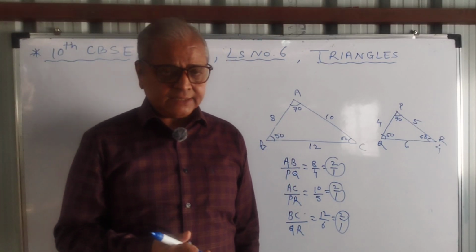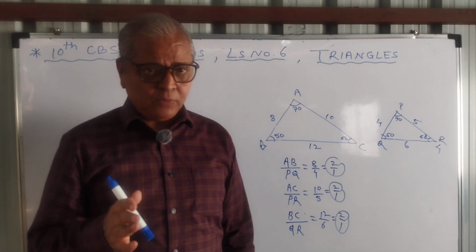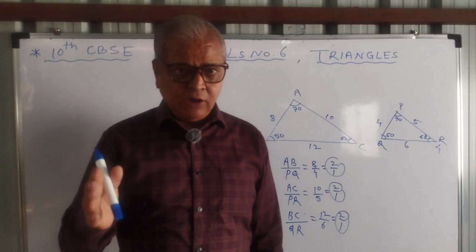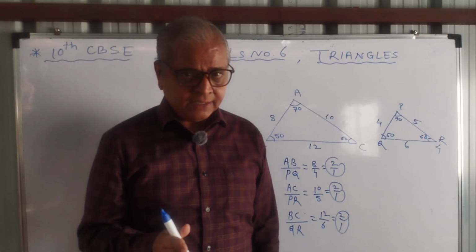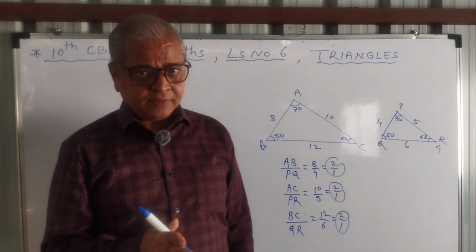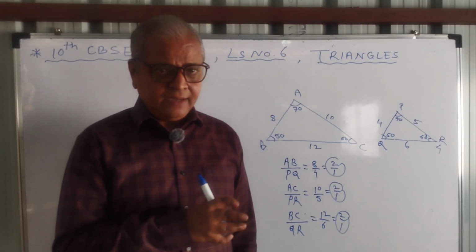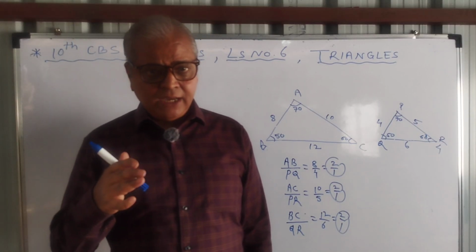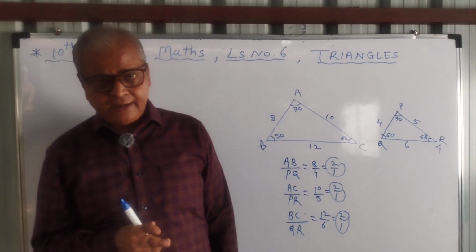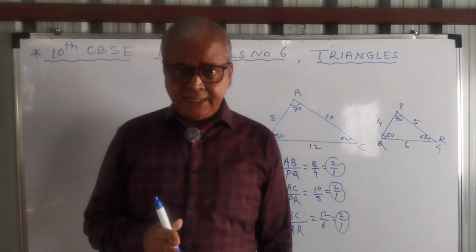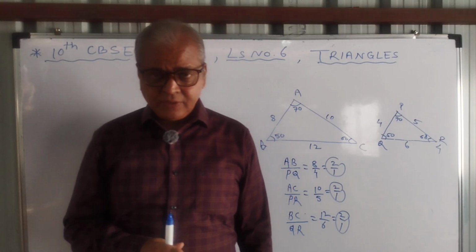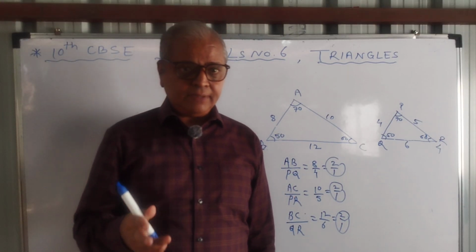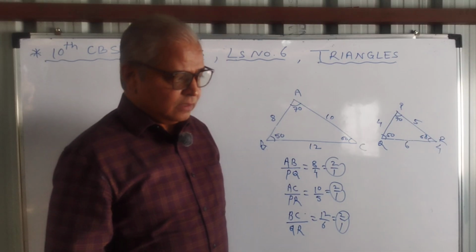Further in this lesson we will focus on similarity of triangles. When we consider similarity of triangles, there are 6 elements, 3 sides and 3 angles. Just as we learnt criteria for congruency in 9th standard, similarly here we will learn some criteria for similar triangles.